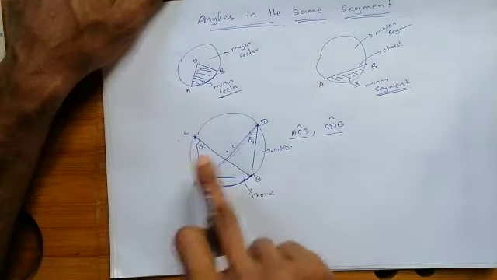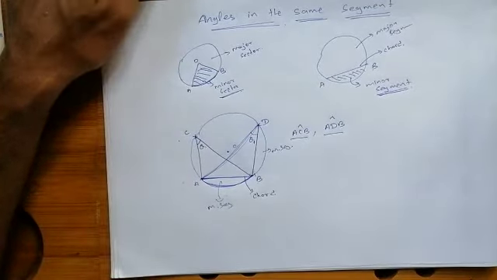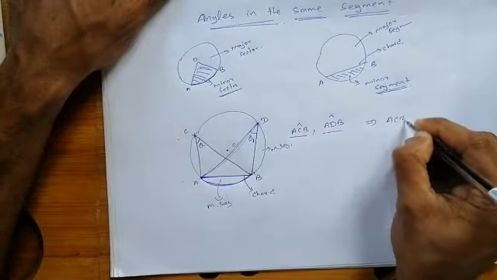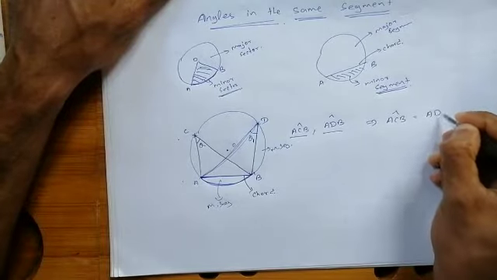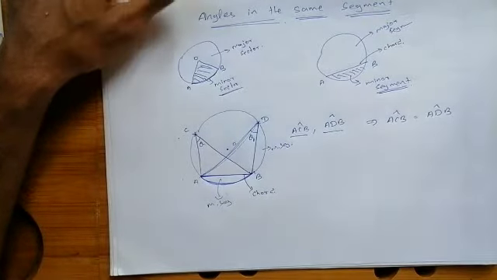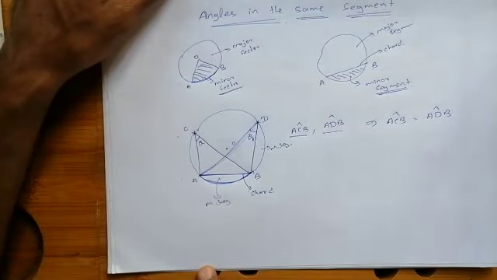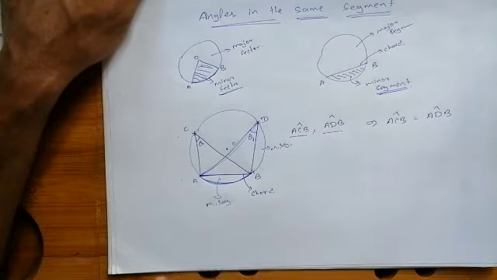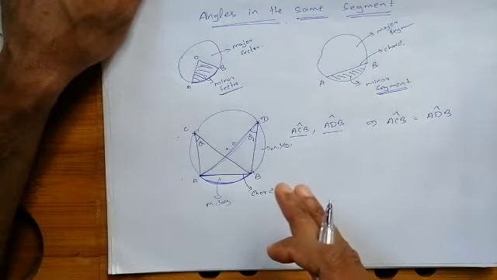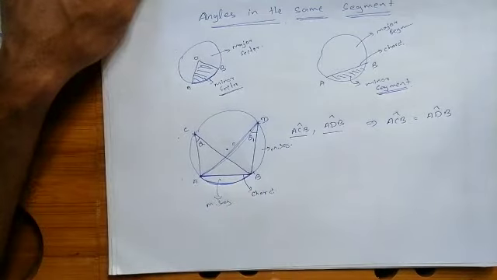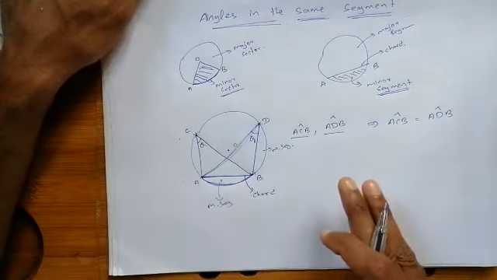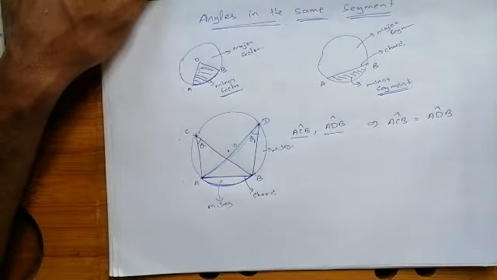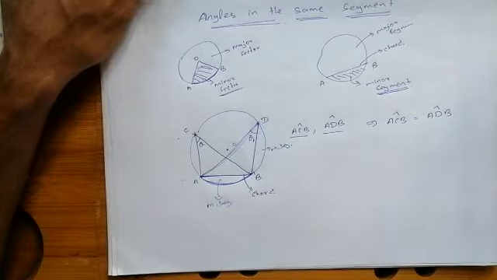Therefore we can say ACB equals ADB, because two or more angles on the same segment should be equal. Without being equal, they cannot be on the same segment.